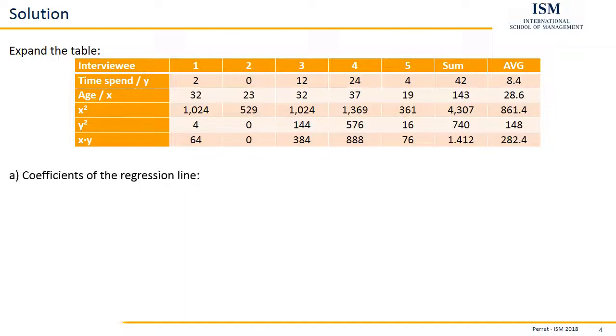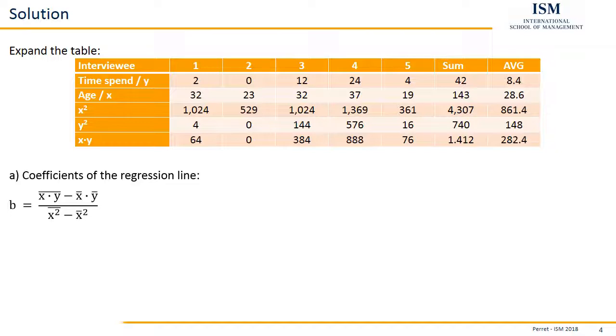With the first part, we need first to calculate the coefficients of the regression line. So the slope is given as b, and we can calculate b by using first our average of x times y, so the 282.4, and subtract the average of x times the average of y, so subtract 28.6 times 8.4.